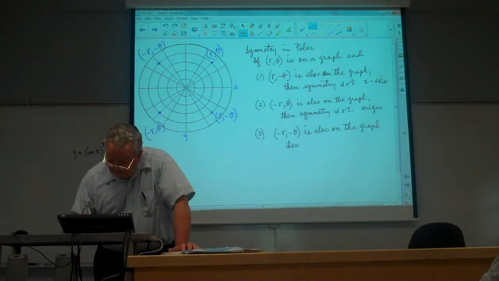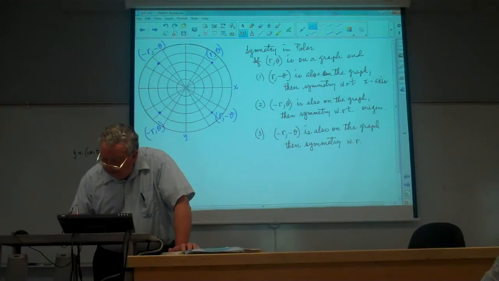Then symmetry with respect to the y-axis.